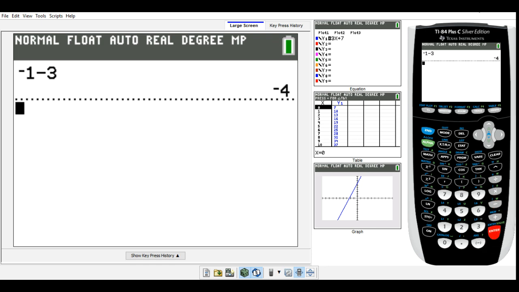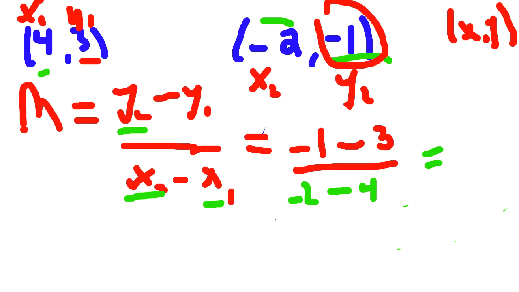So the top part would be -4. And the bottom part, when you type it in the calculator, -2 minus 4 should be -6.